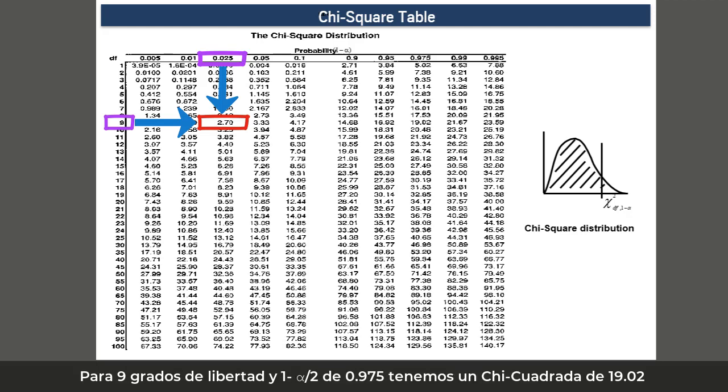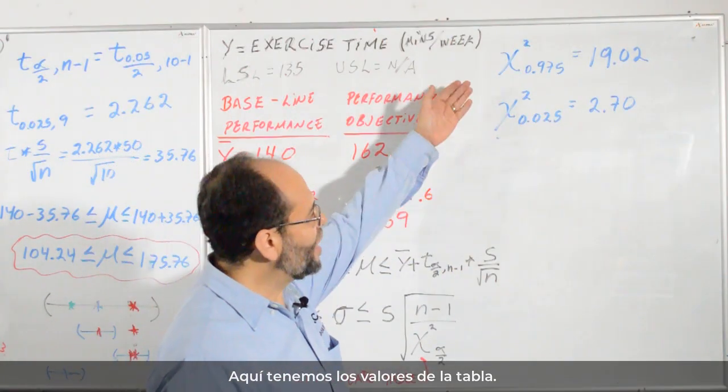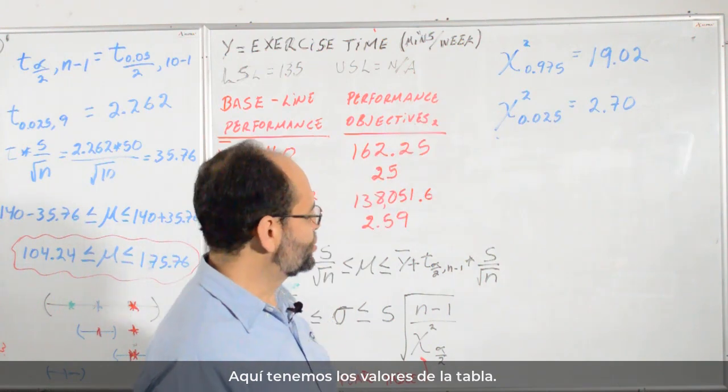For degrees of freedom of 9 and 97.5, we have a chi-square of 19.02. Okay, so here we have the values from the tables.